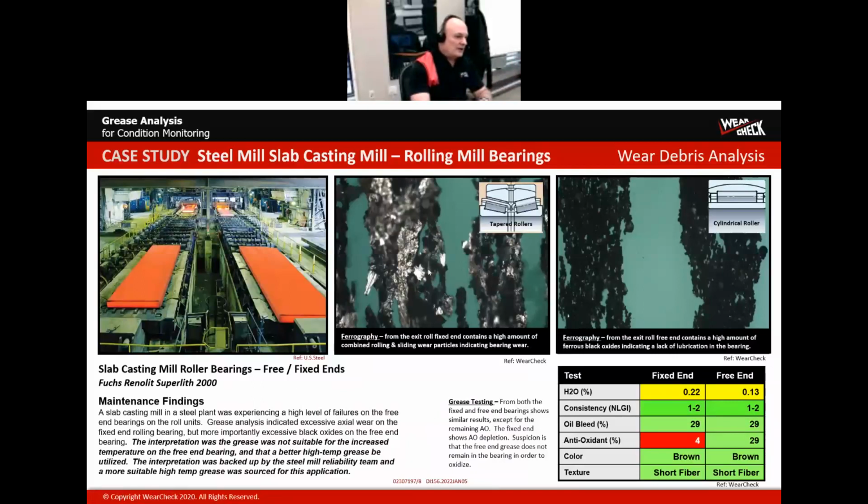So in this case, the suspicion would be that again we're having some axial loading, and we're seeing some pretty severe wear on the tapered rollers as a result of that. But what was more interesting is that on the free end bearing with cylindrical rollers, what we were predominantly picking up was ferrous black oxides. Ferrous black oxides are an indication of insufficient lubrication, probably the best way to say it.